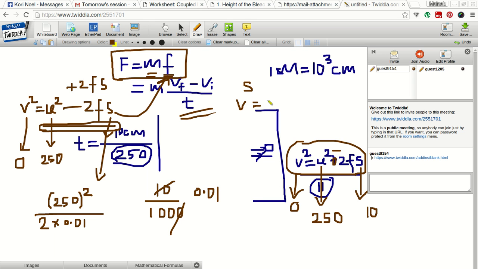And the time is also given. Instead of this particular distance, time is given this time.